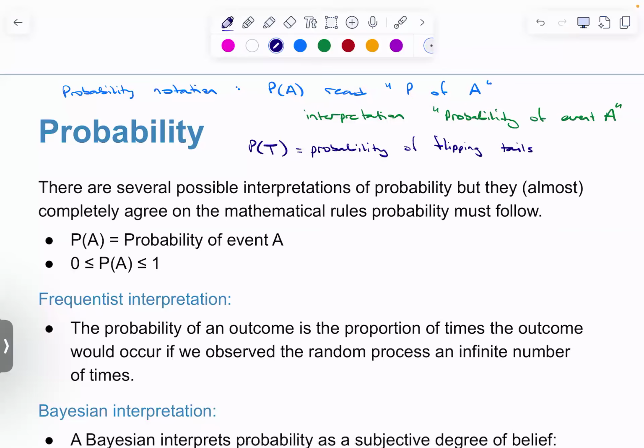The most common events that we'll talk about are flipping a coin, of course. So we have heads, H, tails, T. Rolling a die, a 6-sided die, outcomes 1, 2, 3, 4, 5, 6. If it's not obvious, then I'll have to define it. But we have some of these core random processes that we talk about all the time.